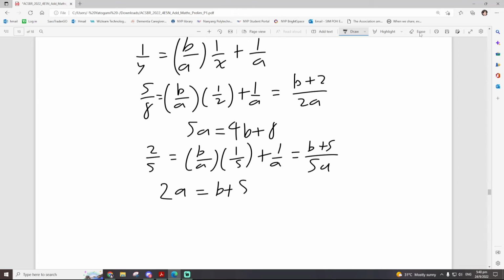Then we can try and equate these two together. So we'll get 5b plus 25 over 2 equals 4b plus 8.